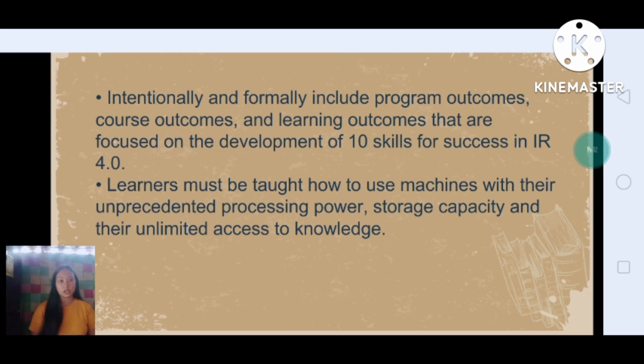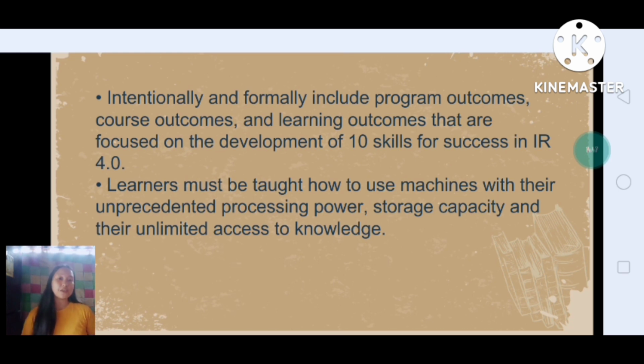Learners must be taught how to use machines with their unprecedented processing power, storage capacity, and unlimited access to knowledge. So, in Education 4.0, it doesn't only focus on the human characteristics, but also includes the program outcomes, the course outcomes, as well as the learning outcomes that are needed in order to achieve success in response to IR 4.0.